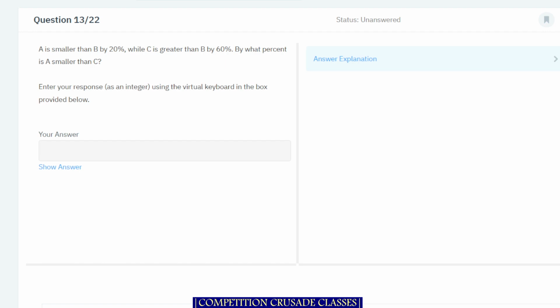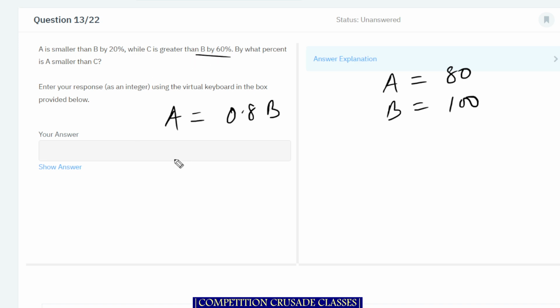So let's go to the next one. A is smaller than B by 20%. This was a good paper, a very easy paper. A is smaller than B by 20%, which means A is 0.8 B. Otherwise you could also write A as 80 and B as 100, if you're not able to understand what I'm doing. C is greater than B by 60%, so C is 1.6 times B. They're directly asking for a relation between A and C, so just divide the two equations in front of you.